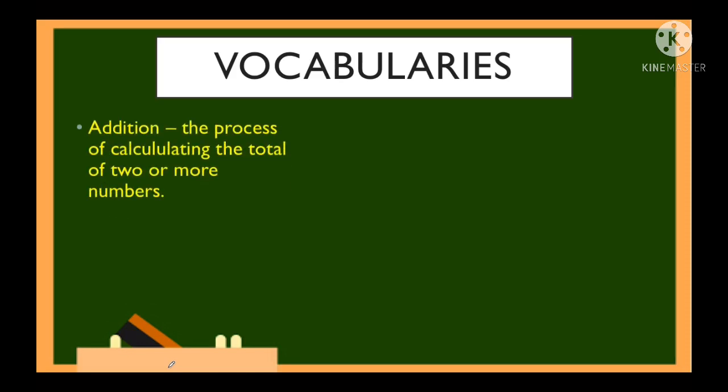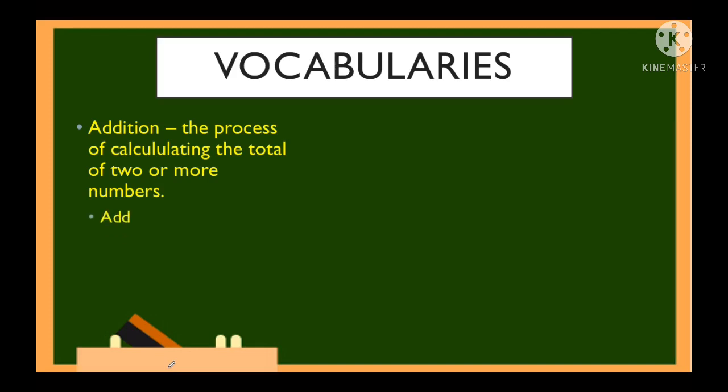We have here the word addition. What is addition? Addition is the process of calculating the total of two or more numbers. If we will do addition, that means the total of two or more numbers. What are the other words for addition, or clues if we have to solve some problems?